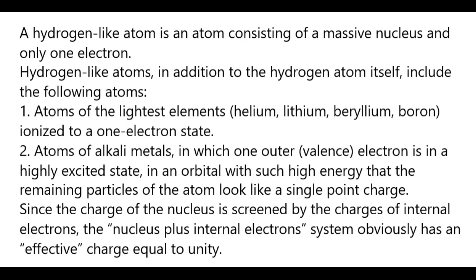Atoms of alkali metals in which one outer valence electron is in a highly excited state in an orbital with such high energy that the remaining particles of the atom look like a single point charge. Since the charge of the nucleus is screened by the charges of internal electrons, the nucleus plus internal electron system obviously has an effective charge equal to unity.